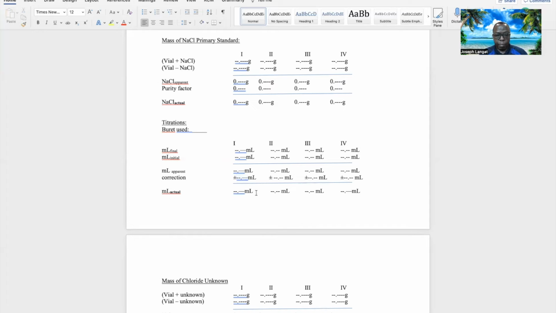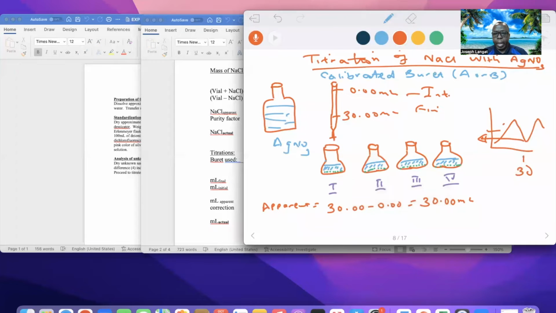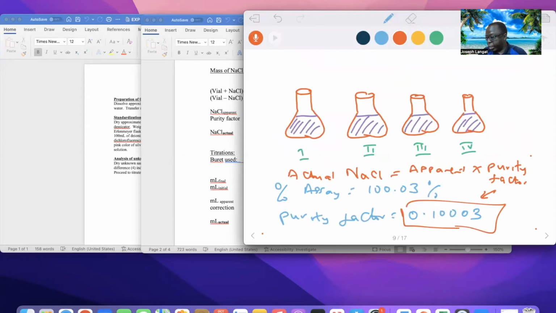By now, you should have that. Once you have that, the next thing is to determine the molarity of your prepared AgNO3, silver nitrate. Remember, you did 4 trials, and we need to find the molarity.